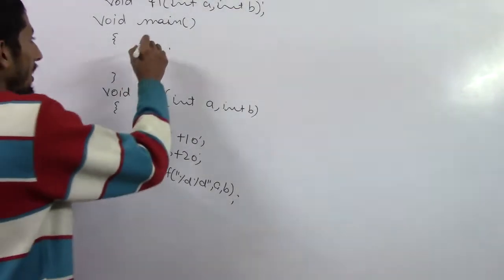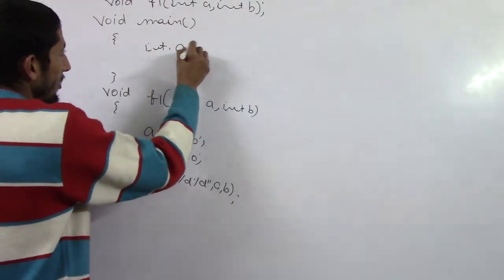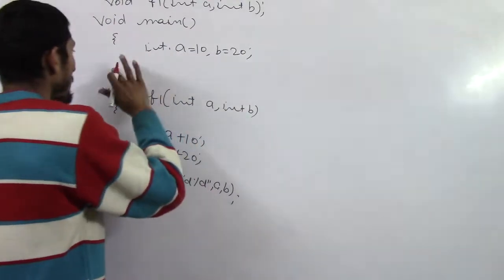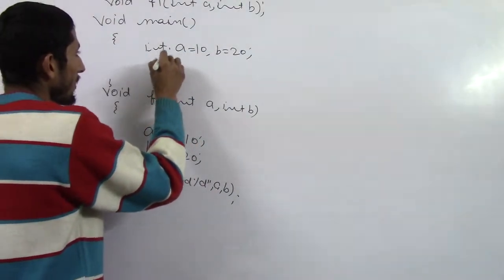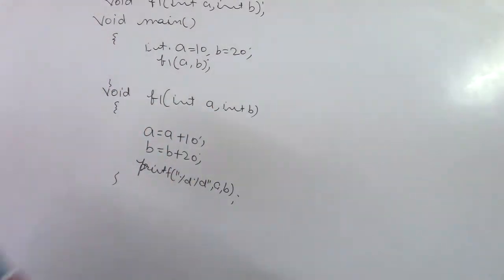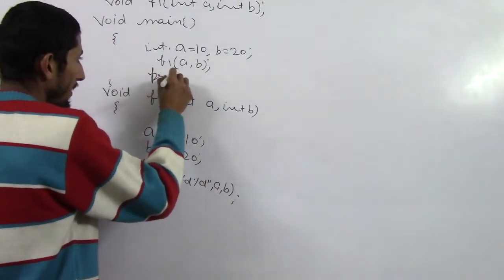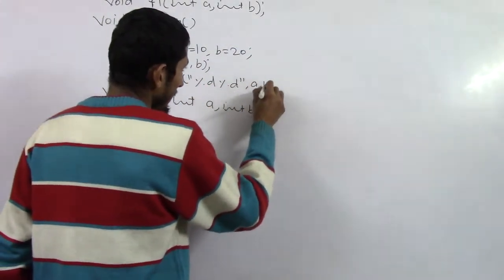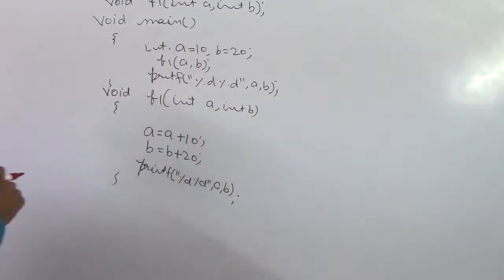So I will take two variables, a equals 10, b equals 20, and I am passing them to f1 like this. And I will print the value of a and b with printf percentile d. So the program is not important from the calling point of view, but it is quite important from the point of view of passing the variables.